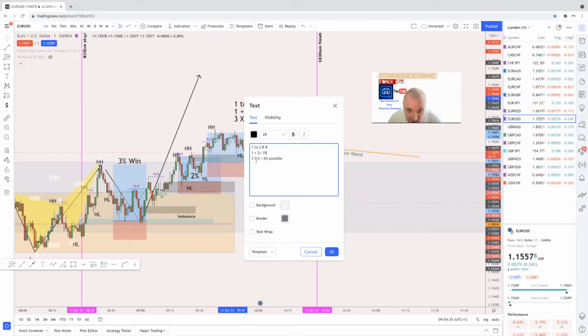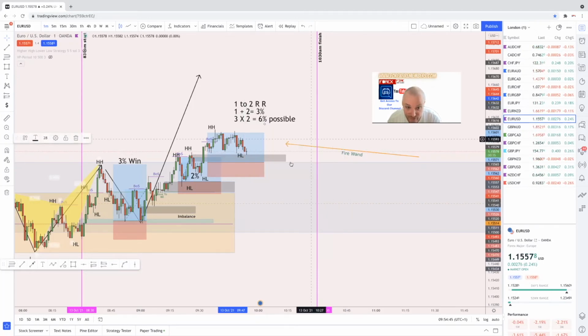If it comes out on a 1 to 2, it's 3% times your 2% reward, which gives you a possible 6% growth. If that was to play out, your 6% growth on that one particular trade gets added to these two of the 3% to 2%. That gives us a combined growth today of 11%, and that has been attained within a 2-hour structure.